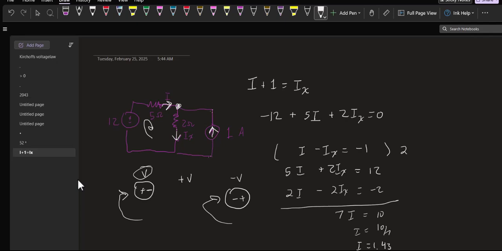And then we know that I plus 1 equals IX, so IX equals 2.43 amps.